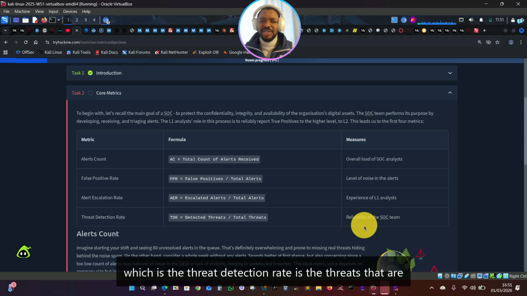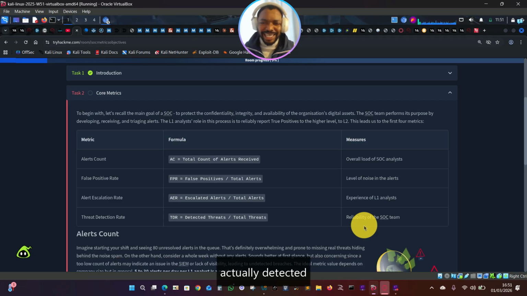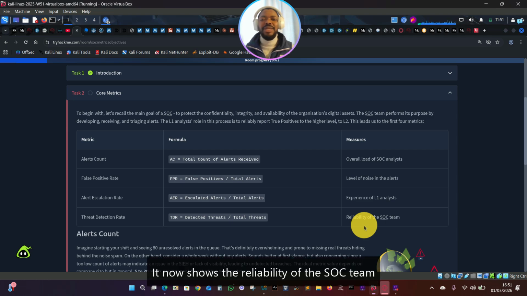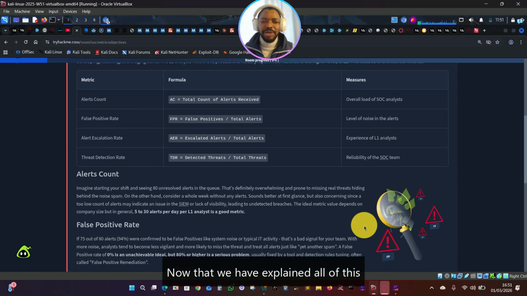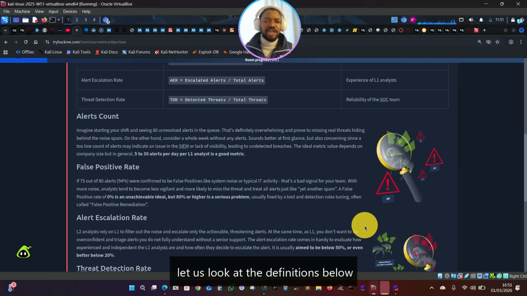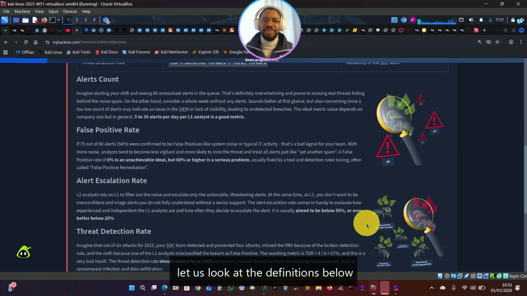Then the last one, the threat detection rate, is the threats that are actually detected, aka true positives. It shows the reliability of the SOC team. Now that we have explained all of this, let us look at the definitions below.